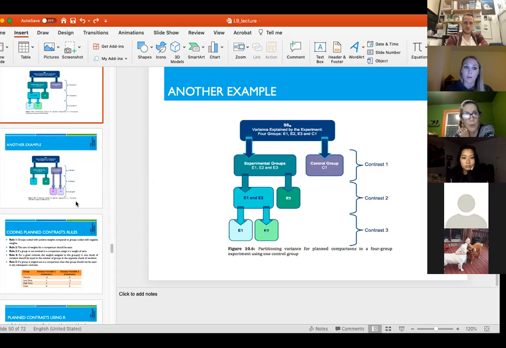It depends on how strong that effect is, because the control is being compared against the average of these. If you had a specific hypothesis that E1 would differ, and you needed to test that specific thing, then you would need to only test E1 versus the control group as your follow-up.